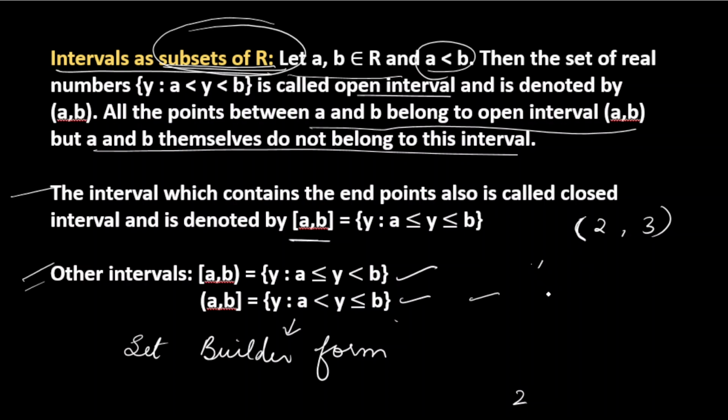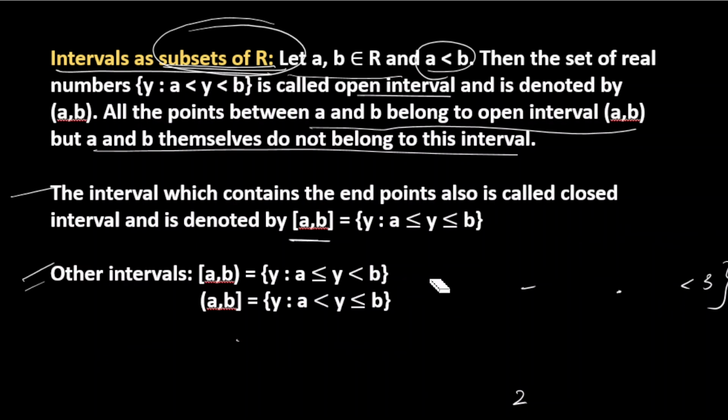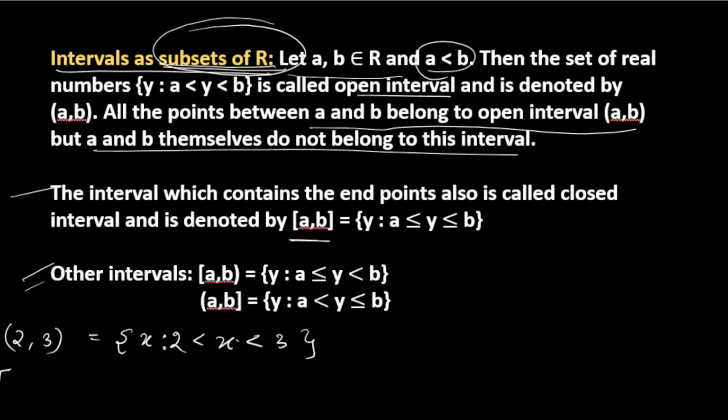Inside a set we always write inside curly braces. So inside curly braces I have to write this equals to x such that x is greater than 2 and less than 3. Suppose I have this open interval, like this we have to write it in set builder form.